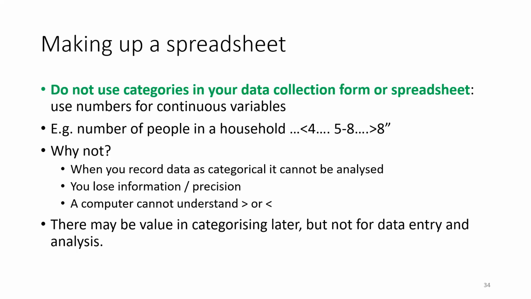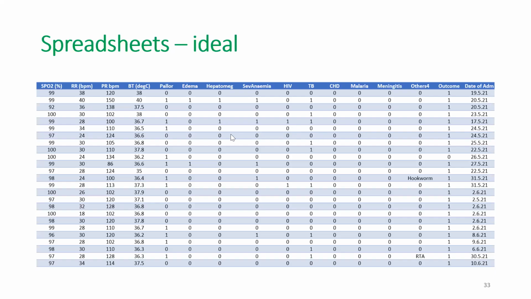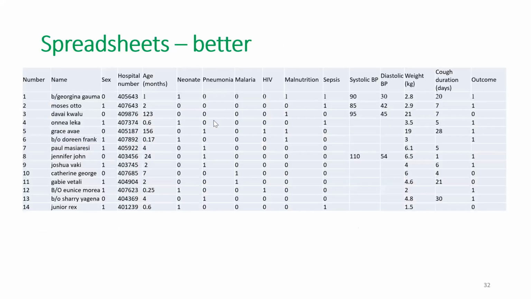And the reason for that is that when you record it in a category like less than 4 or greater than 8, then you lose information because you don't know whether less than 4 is 2 or 3, right? You don't know whether more than 8 is 9 or 12 or 20. What you're doing is losing useful information that you'd have if you just record it as a simple number, like I showed you in this spreadsheet.